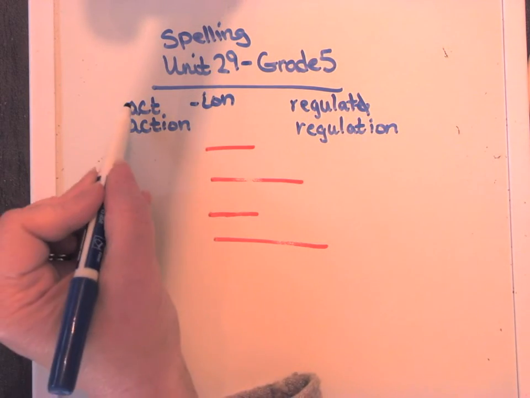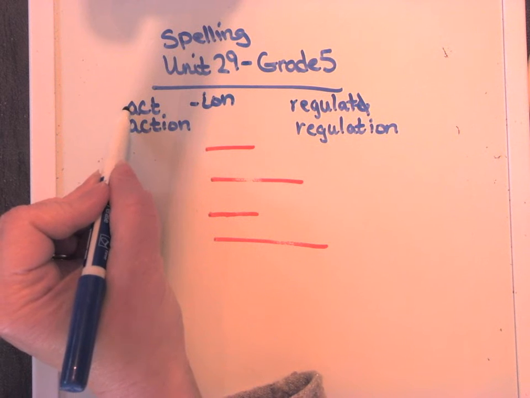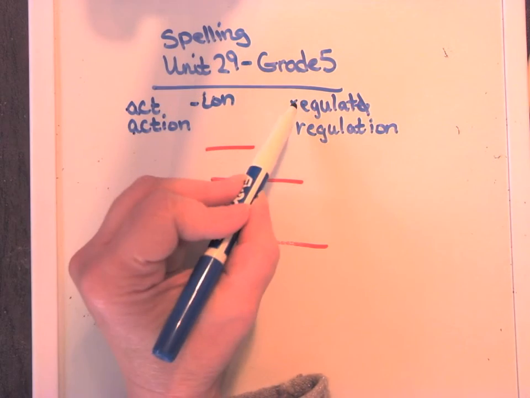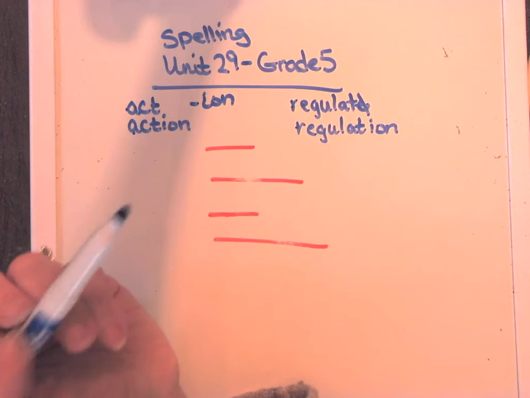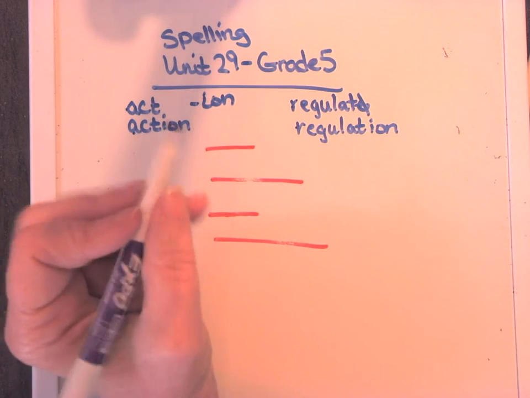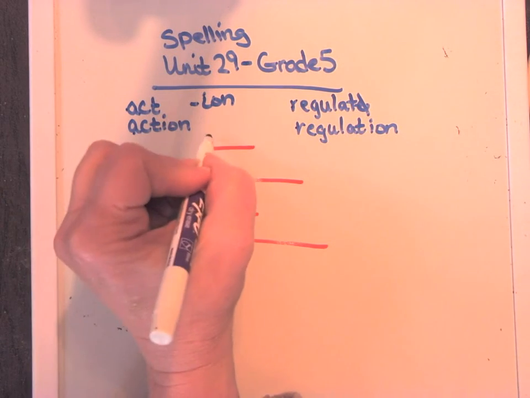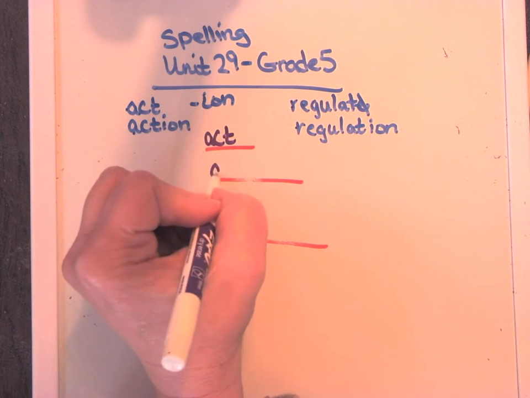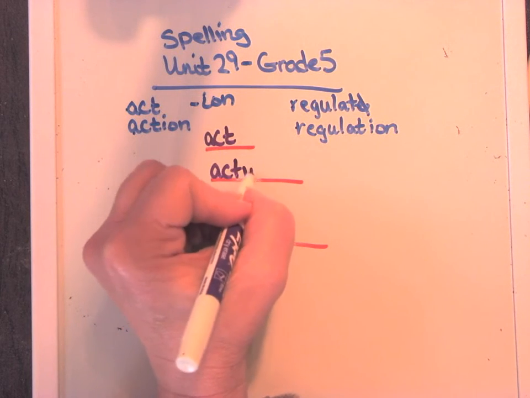Now what's nice is you have the word itself as a spelling word, and then the ION word as a spelling word. When you're looking at page 180 in your spelling book, and it says no change on the top, on one line you'd write the word act, and on the line below it, you'd write the word action.